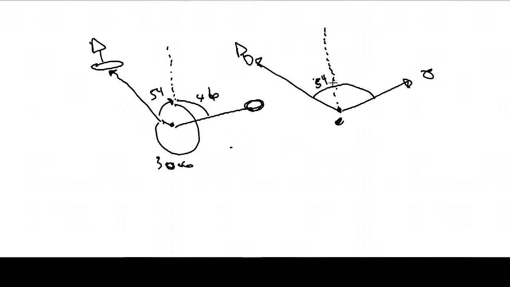And in order to get to the island, I have to add another 46 to it. So that makes it a total of 100 degrees. Does that make sense? It's a stupid way of asking a question, but whatever. It's kind of tricky because they give you half of the angle, and you have to figure out the other half. Right, because you have to measure it from true north.